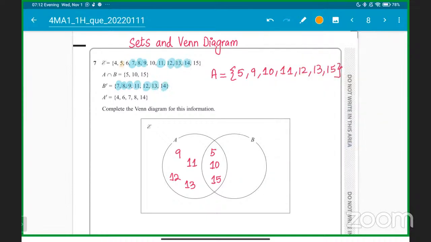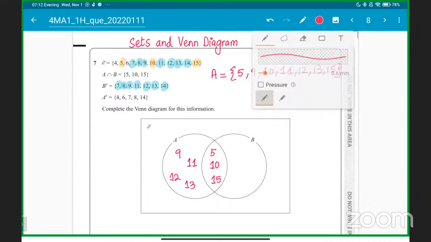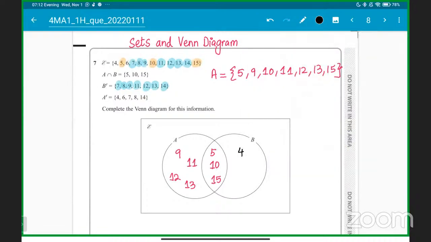Apart from them, 5, 10, and 15 are the common ones, which means B is left with 4 and 6. So B is basically 4, 5, 6, 10, and 15.